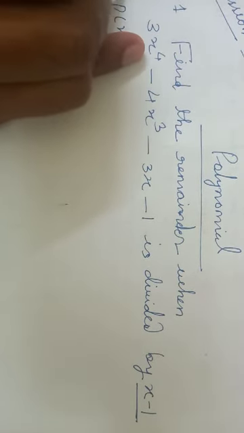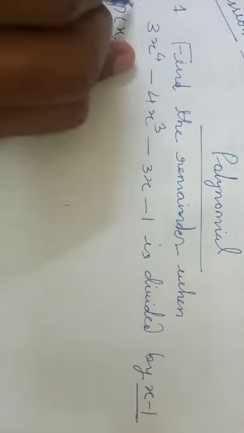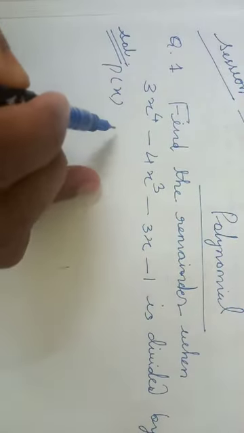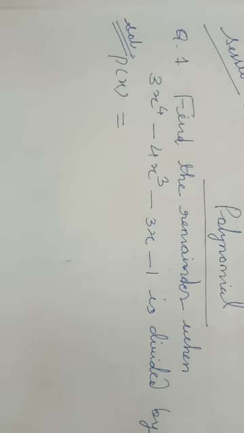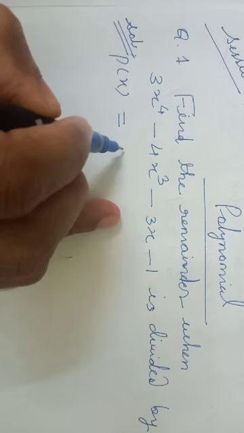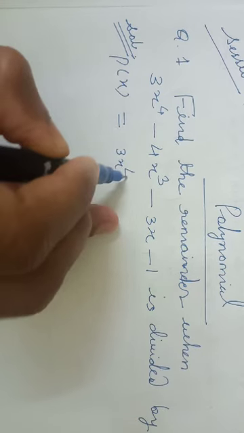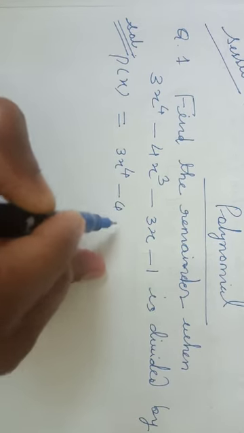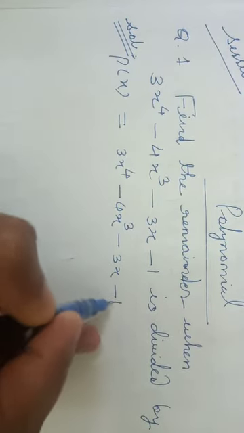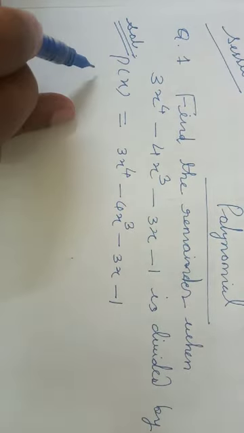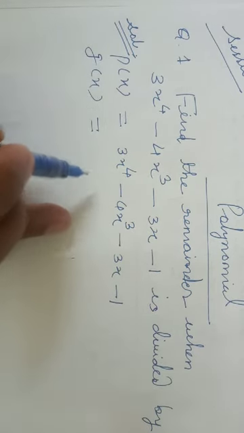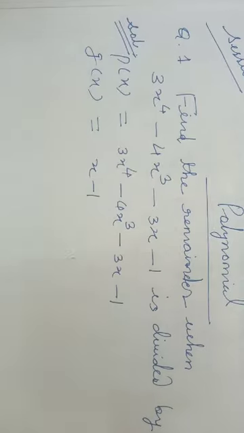Solution. Before the solution we should express the polynomial properly, so that your concept is clear. The p of x is 3x raised to the power 4 minus 4x cube minus 3x minus 1, and g of x is equal to x minus 1.